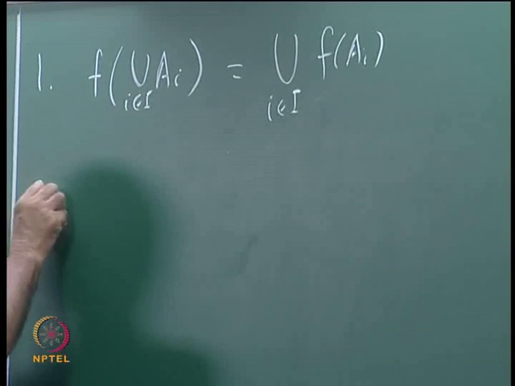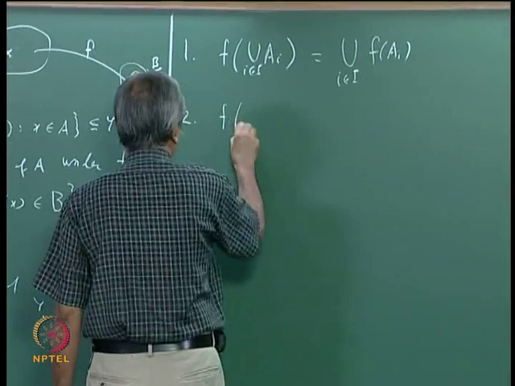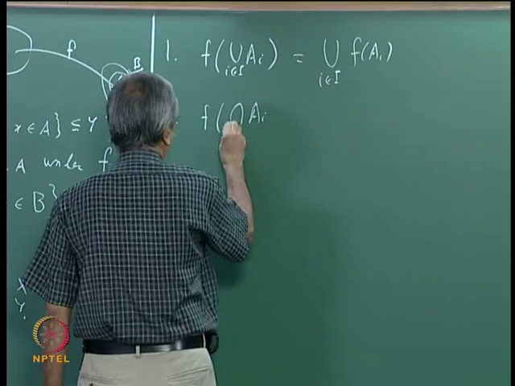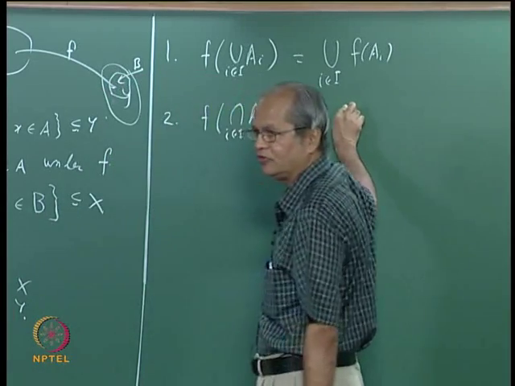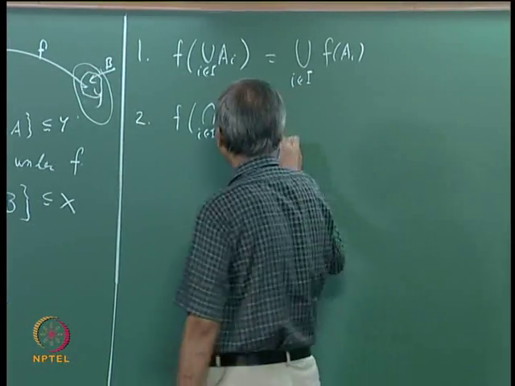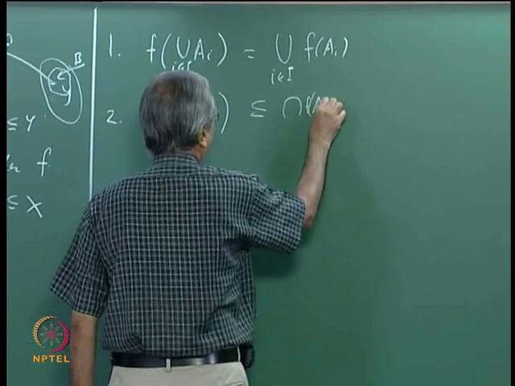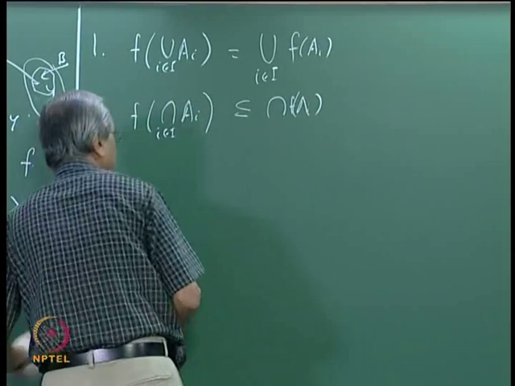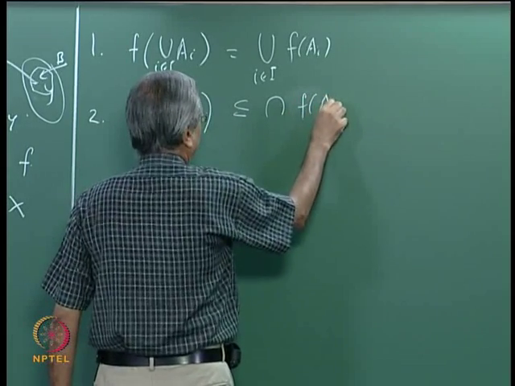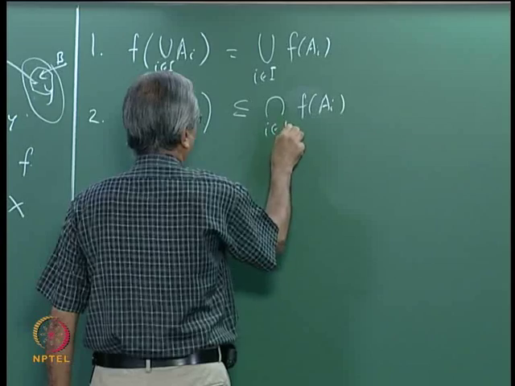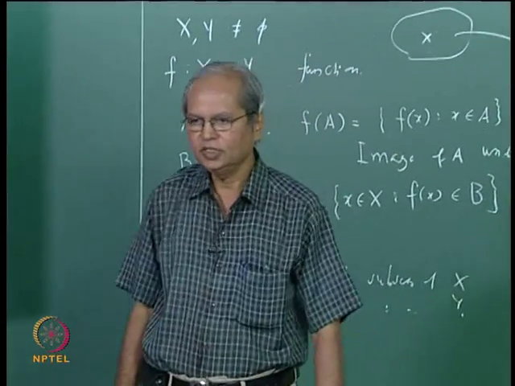When it comes to intersection, we don't have such a good relationship. There is f of intersection A_i, i belonging to I. You might expect that that is also equal to the intersection of f(A_i), but that is not true. We can only say that this is contained in the intersection of f(A_i), i belonging to I, and this inclusion can be proper.